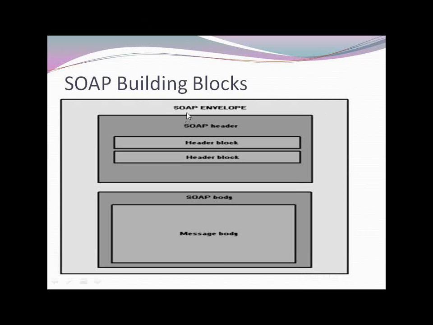You can see on top is a SOAP envelope. Below that we have SOAP header blocks, and there are a lot of header blocks, and then the SOAP body, and within this we can have fault messages. We'll talk about how it works in detail.